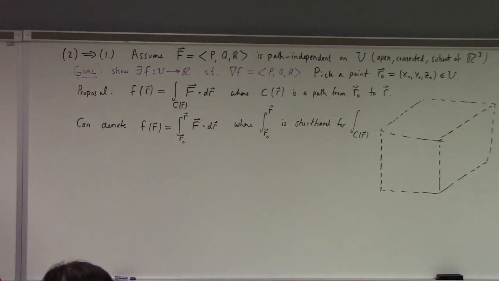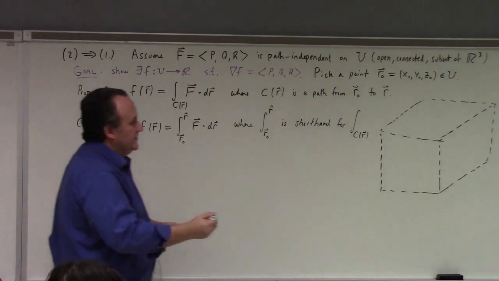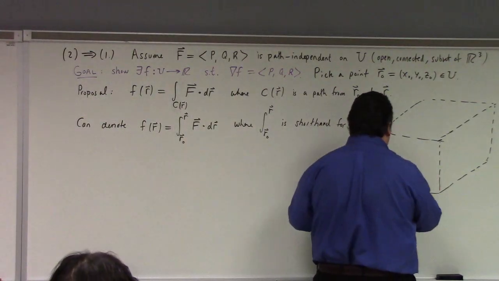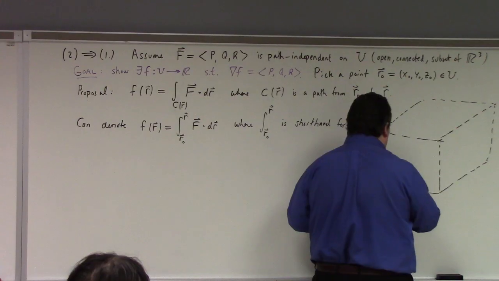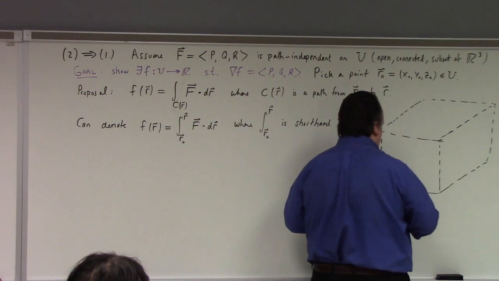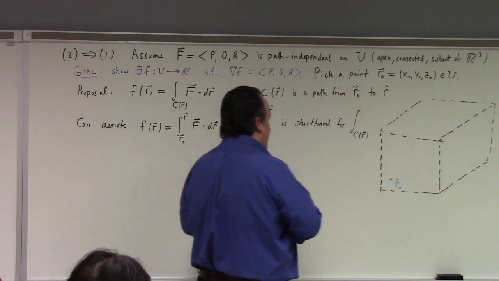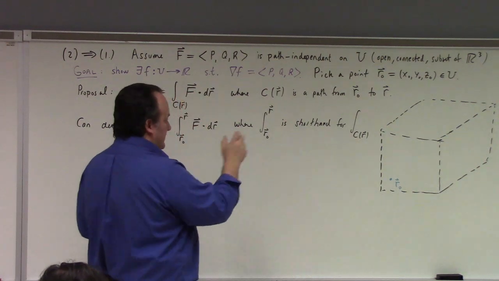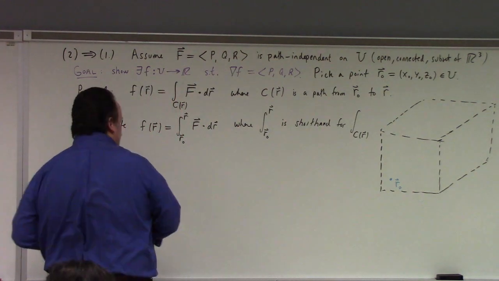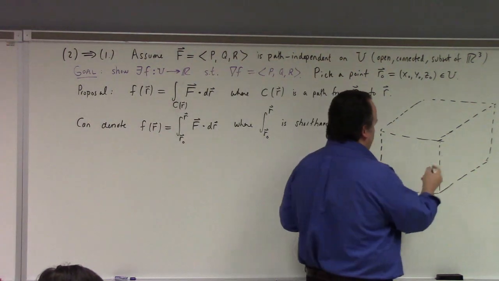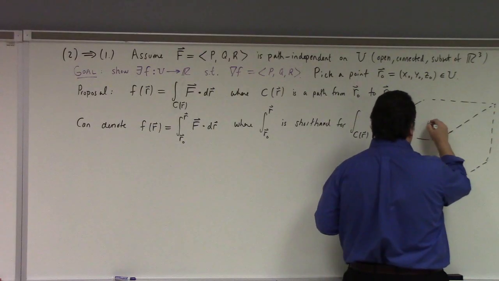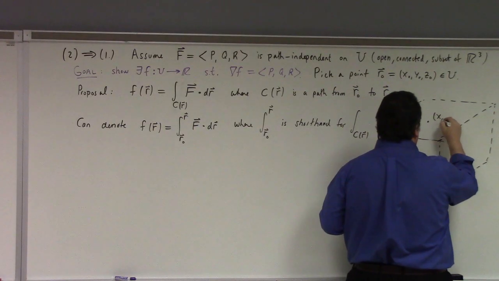So how can we show that? Well, just to draw a picture here, I don't know where r naught is, it doesn't really matter, so it's here, let's say. I want to study the change in this function at some point. I'll put it up here, x, y, z.